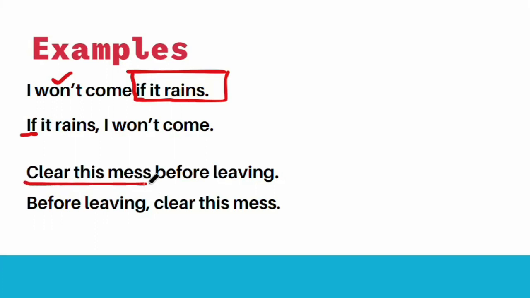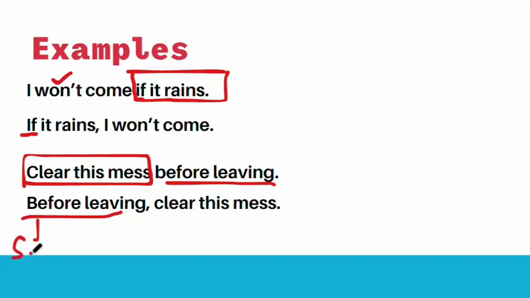Clear this mess, complete sentence, independent clause, before leaving, dependent clause. Before leaving, this is the subordinating conjunction, plus the comma is here. Before leaving, clear this mess. This is our independent clause. So this is how the structure of complex sentences works. I hope that this point is also clear to you.